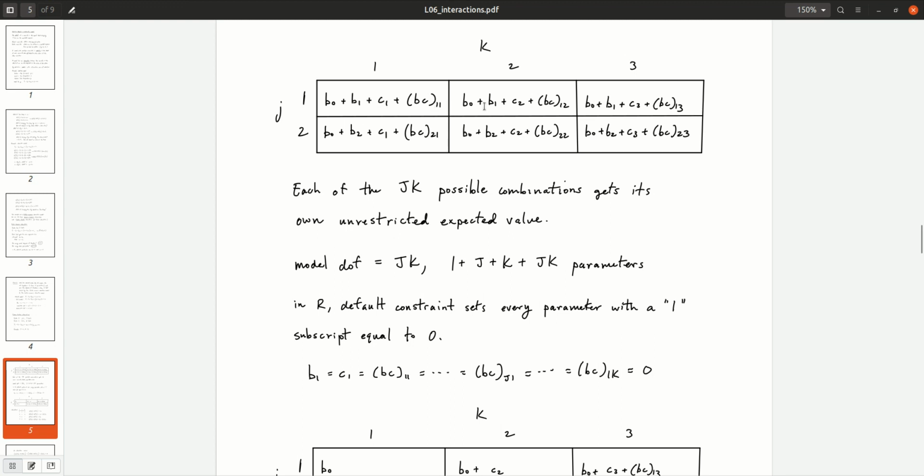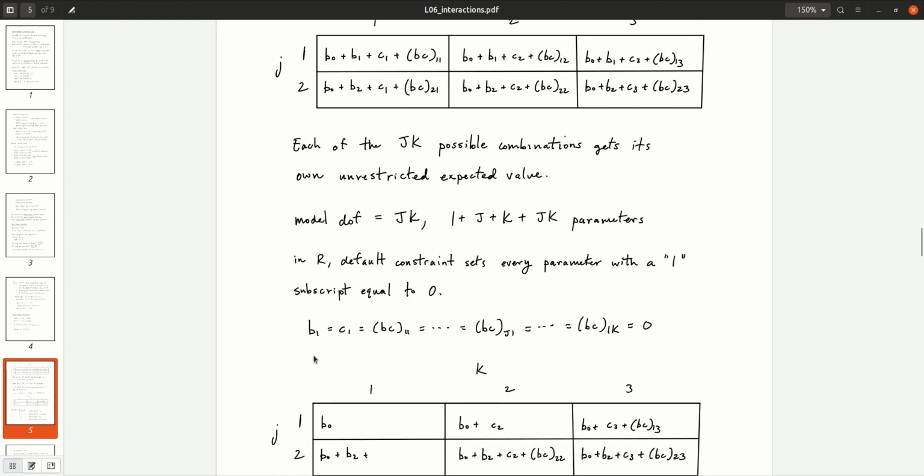In this one, b1 is set to 0, c2 doesn't have a 1, so it's not set to 0, and bc12 has a 1, so it is set to 0. So any parameter that has a 1 in either of its subscripts is set to 0.